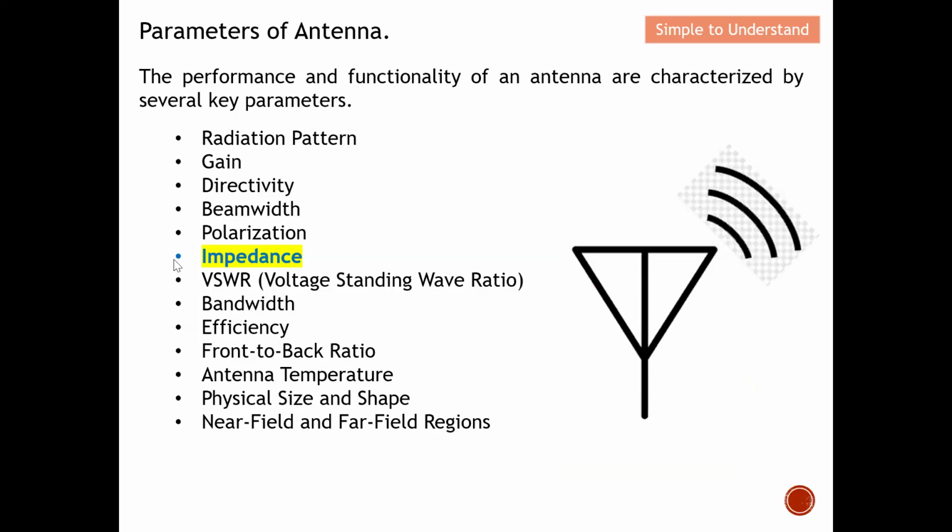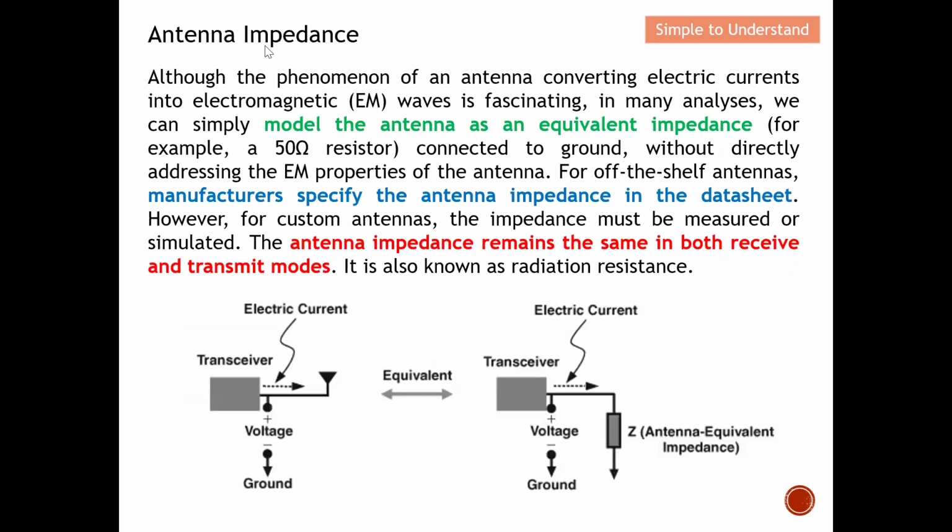These are all the key parameters of antenna that we will discuss. We have done the radiation pattern, gain, directivity, beam width, and polarization. In this video, as mentioned earlier on, I will be focusing on antenna impedance. Although the phenomenon of an antenna converting electric current into EM wave is fascinating, in many analyses we can simply model the antenna as an equivalent impedance, for example, a 50 ohm resistor.